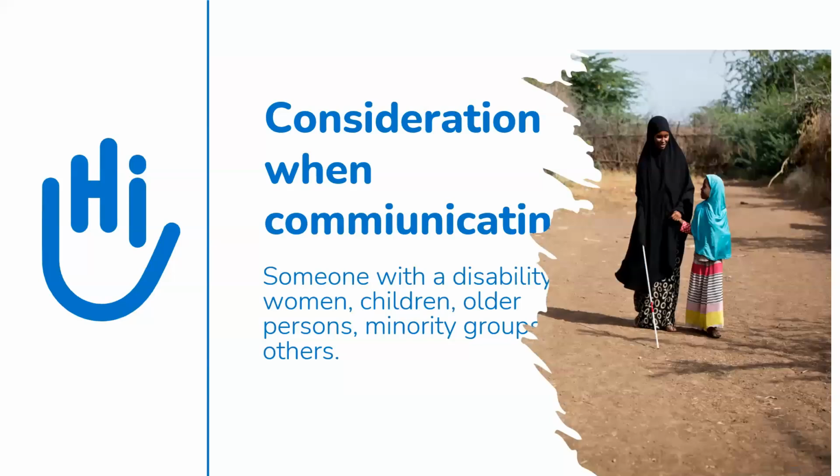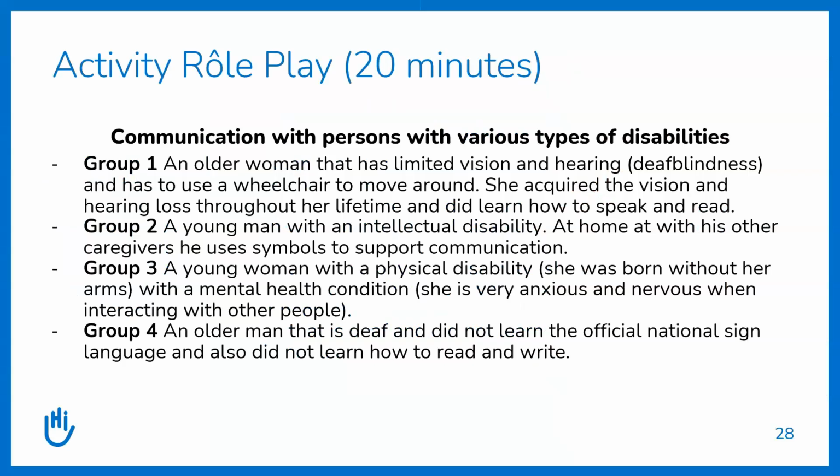The next topic will be what to consider when communicating with a person with a disability. As I had said, various types of disability come with various challenges. Here we would have taken an exercise on communicating with persons with various types of disability. Group 1 could have handled an old woman that has limited vision and hearing, that is deaf blindness. Remember we said we have multiple disabilities.